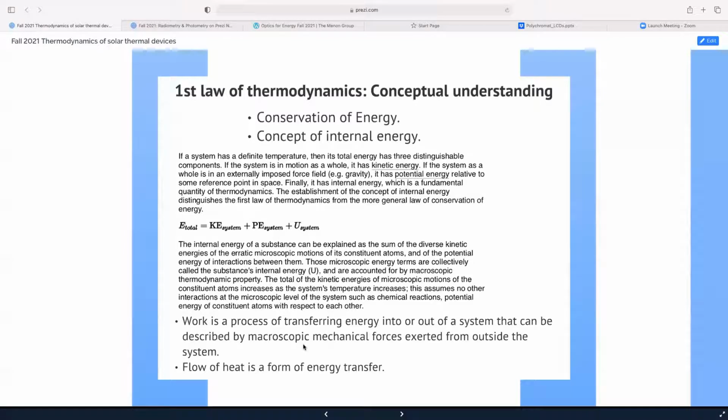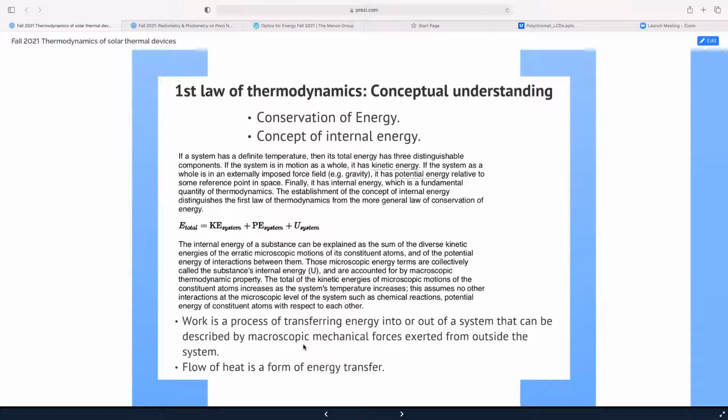Now, what is internal energy? Internal energy means any system has constituent parts. If you take this bottle, it's comprised of atoms. And as long as it has a temperature greater than absolute 0, those atoms are always moving around. They're never at a standstill.